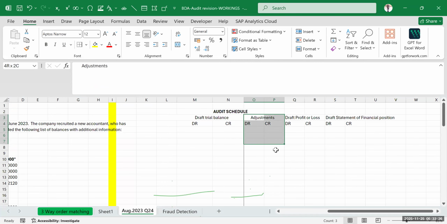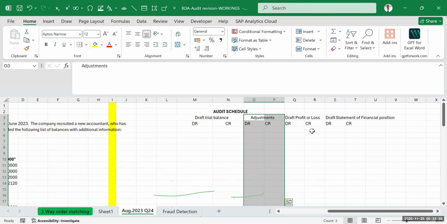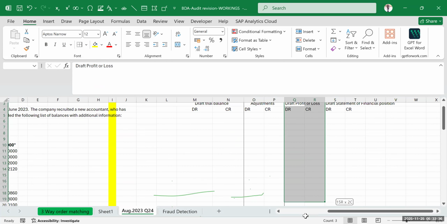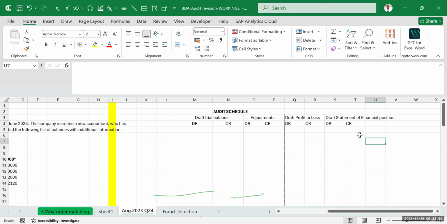Some people like using colors, which is still okay. You can opt to use colors so that you separate the statements or the drafts that you are doing. And this will make you not get confused when you are doing your entries. Then the statement of financial position, of course, comes at the end, like that.